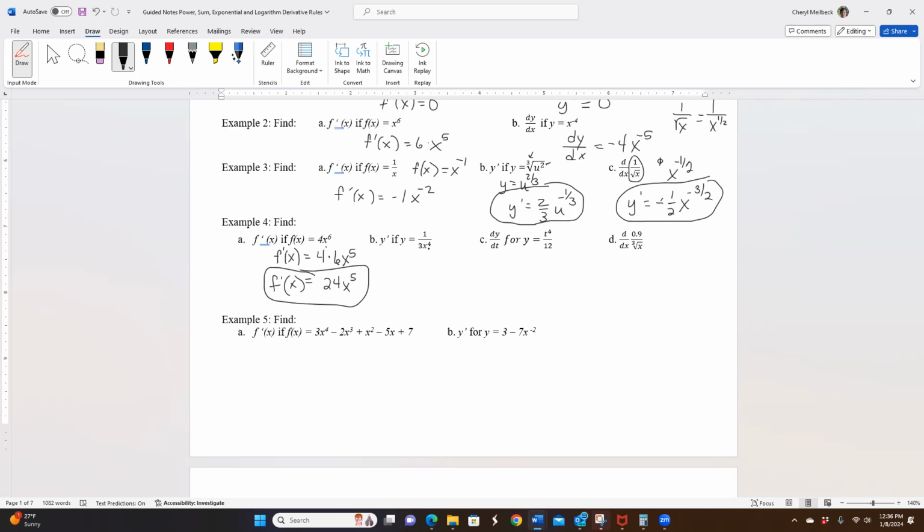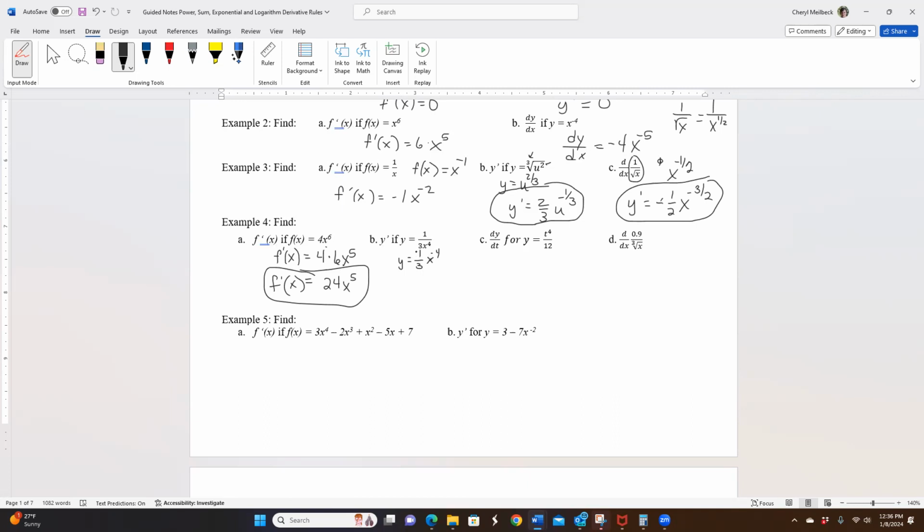We'll need to rewrite this, and we have to be careful when we do this. The x is the only thing being taken to the 4th power in this denominator. So if I rewrote this, y would be 1/3 x to the negative 4. So the 3 isn't being taken to the 4th power.